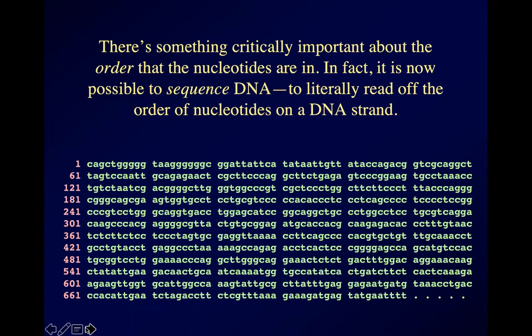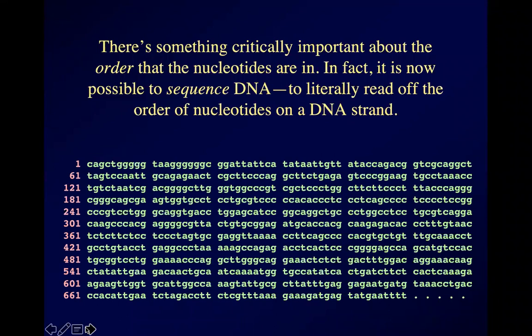When DNA was first discovered, people thought, okay, maybe it's just some kind of repeating pattern like ACGT, ACGT, ACGT, or maybe it's A, C, C, C, C, C, C, C, C, or something like that. It turns out it's a lot more complicated than that.